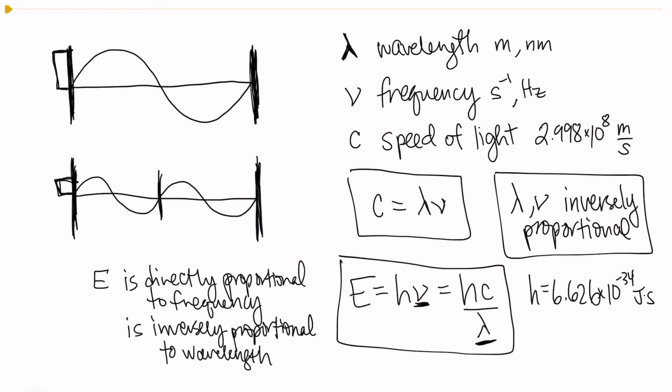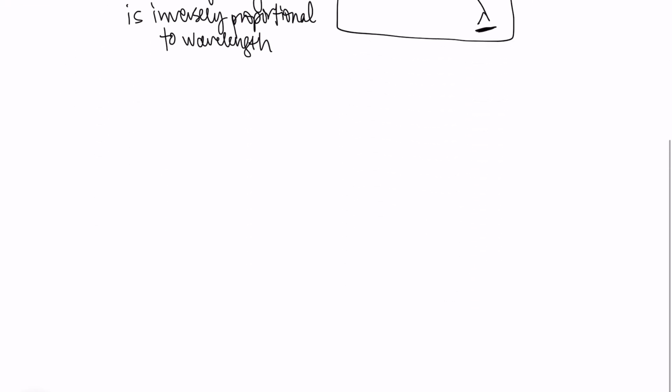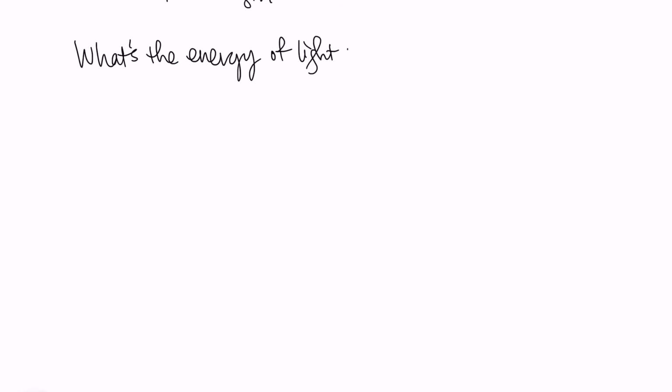Let's do a couple of practice problems. So first problem, I want to know what's the energy of light with a wavelength of 700 nanometers. 700 nanometers is like the edge of the visible spectrum on the red side.